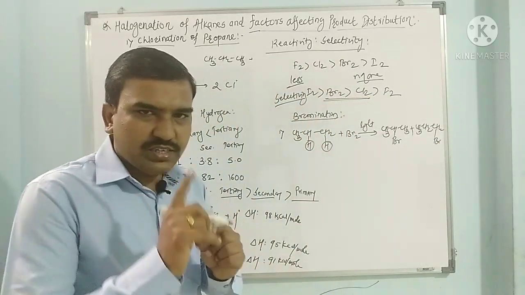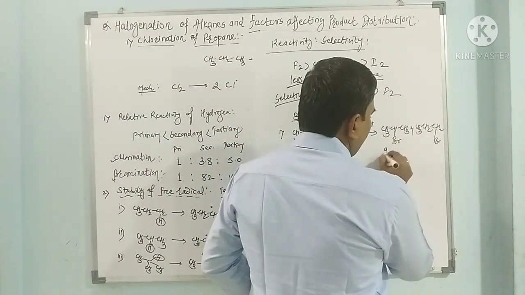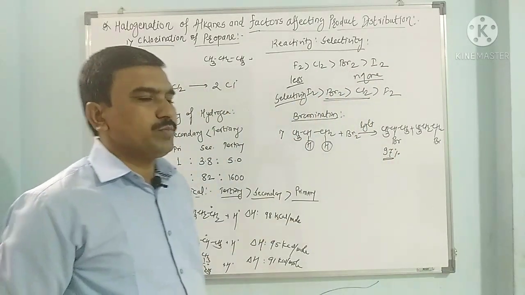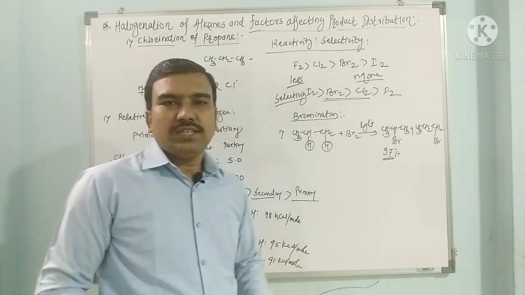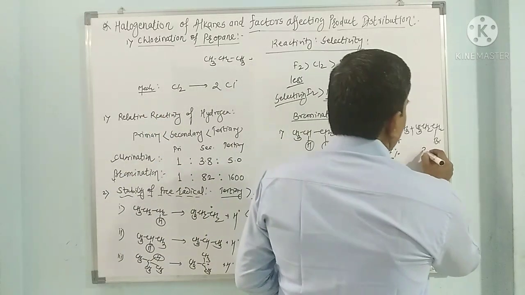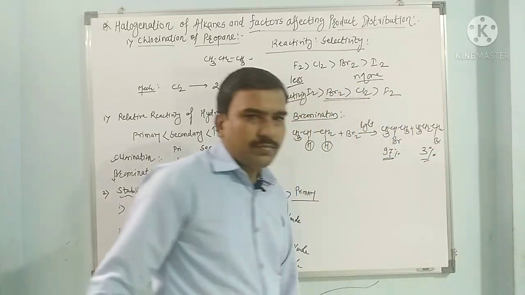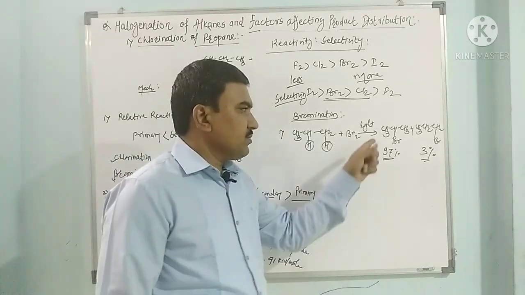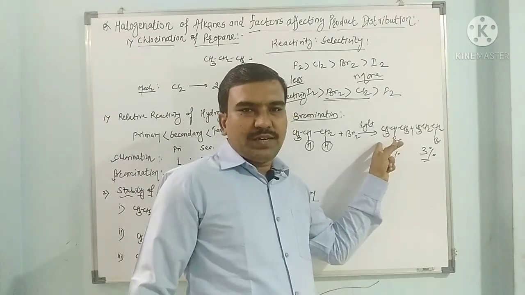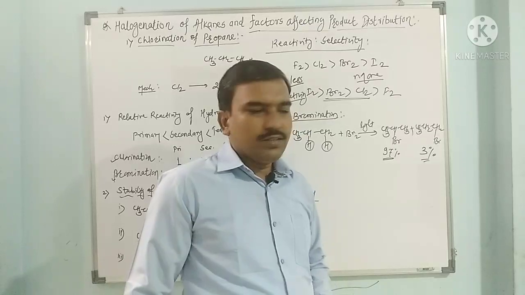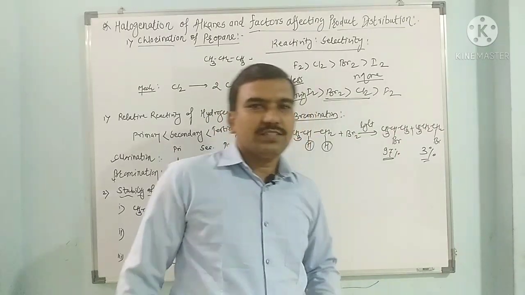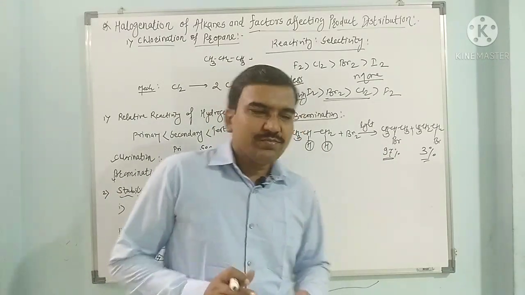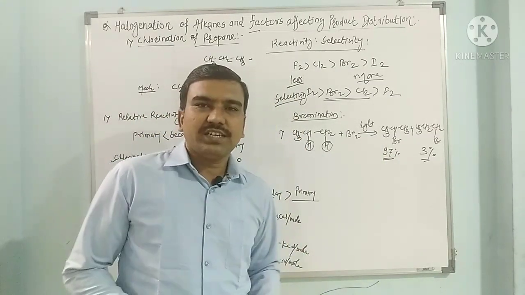But here this 2-bromopropane we get 97%, a very high percentage, because the selectivity of bromine is very high, and here it is only 3%. When we saw the chlorination, the 2-chloropropane was 55 and the other was 45, but here this 55% selectivity is increased to 97%.